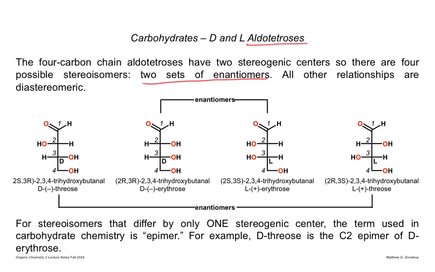So if we focus on the center 2 structures, there's the IUPAC name, but they're commonly called erythroses. Notice in the left structure, that OH is to the right, so that's the D-erythrose. The negative sign is what's measured in the polarimeter.